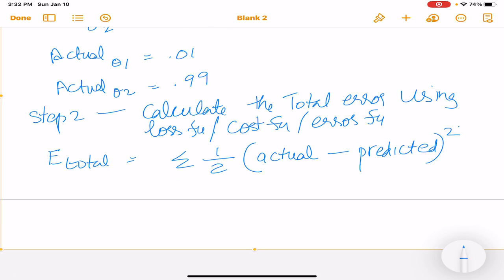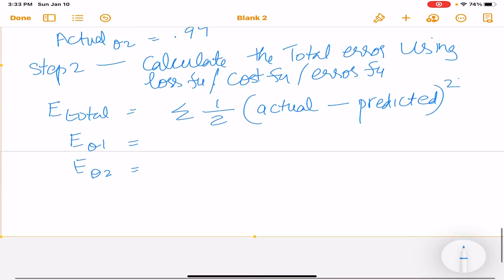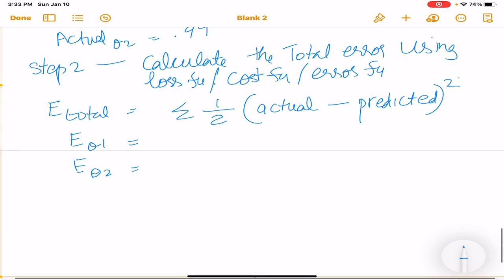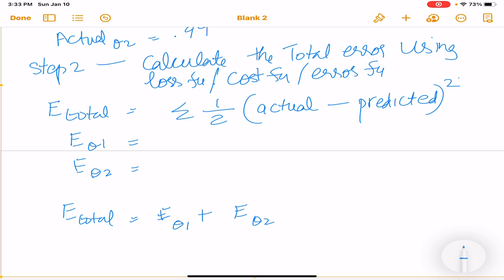So let us first find the error for EO1, then find the error of the output node EO2, and then calculate E total, which will be EO1 plus EO2, right?